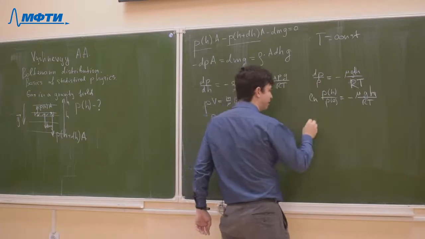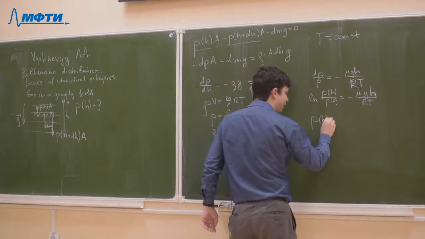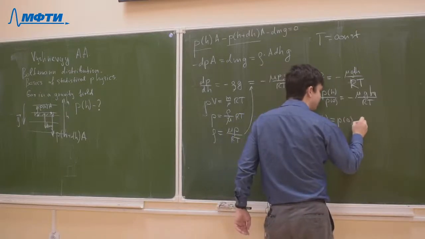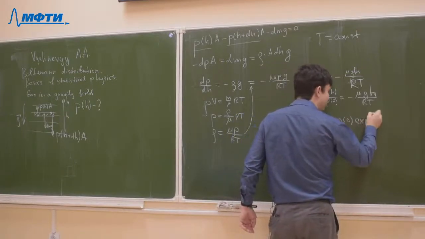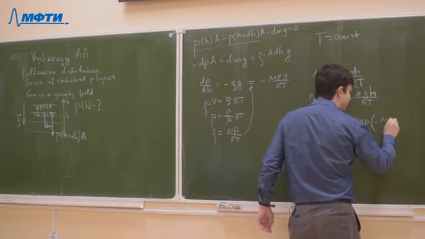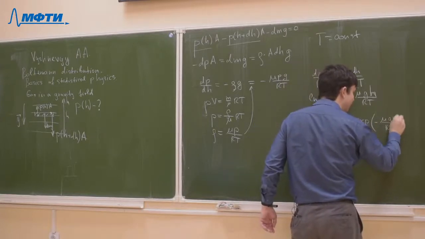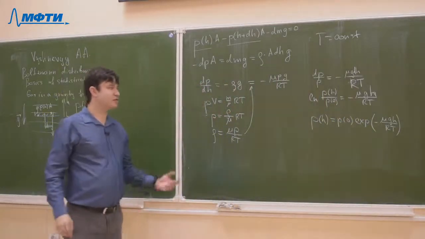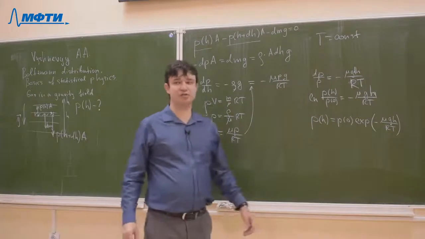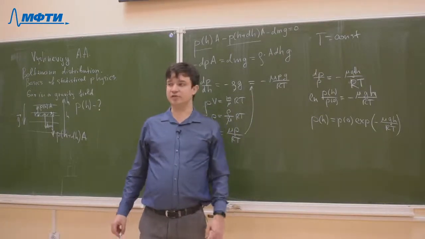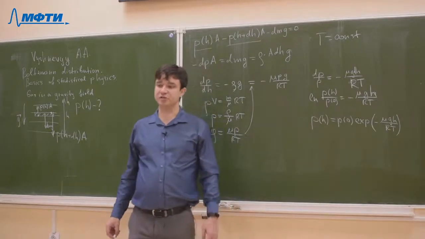Okay, at the end I have p of h is equal to p of 0 multiplied by exponent to the power minus mu g h over RT. Well, here we have now something completely thermodynamical, which is at first unrelated to number density of gas or any kind of a distribution.